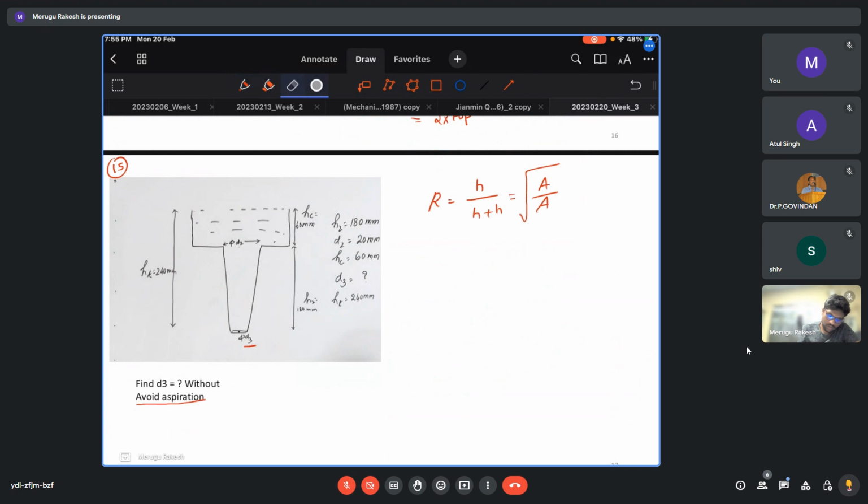I think reverse. Yeah, this is how it looks.